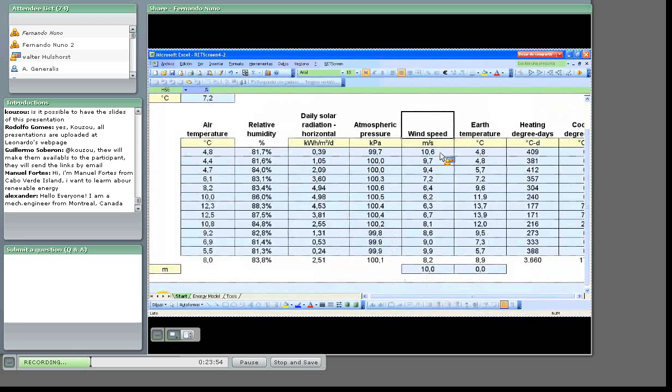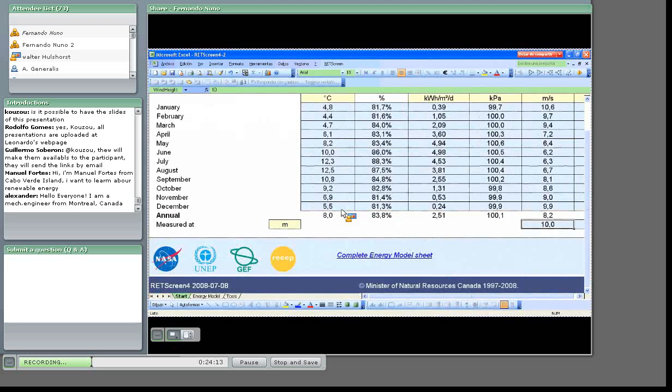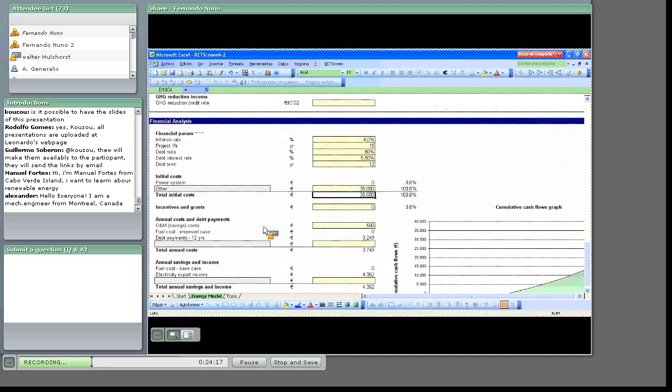In January the average wind speed is 10 meters per second, which is pretty high. And then for the rest of the months, and this is a measurement at 10 meters from the ground. So at this stage we have completed this part.